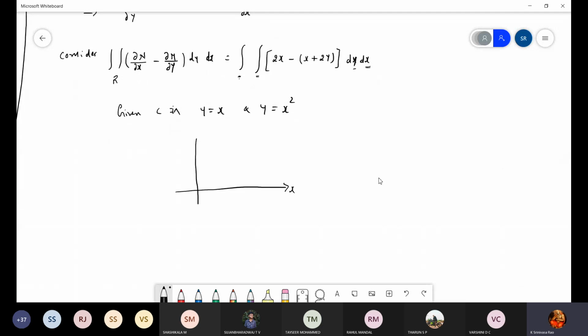This is the x axis, this is the y axis, this is the line, an oblique line. And y is equal to x square is a parabola, so I should draw like this. Yes, this is y equals x square.